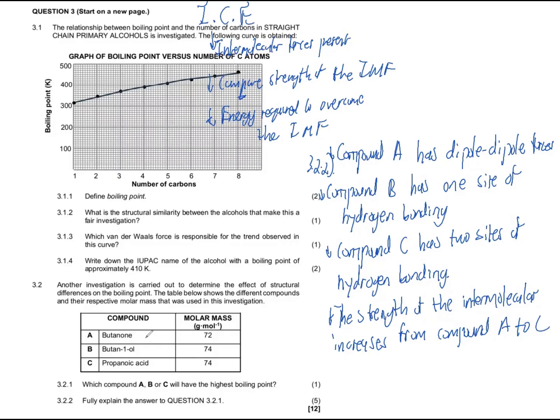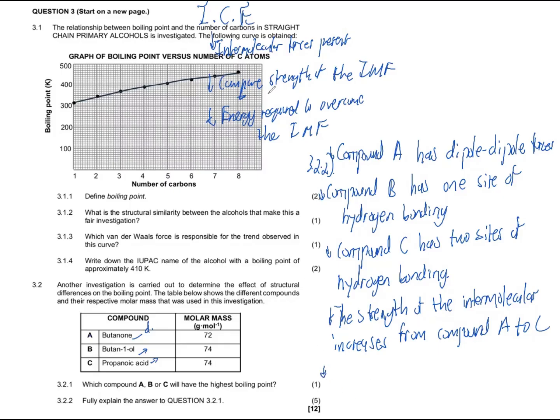So we are saying the strength of the intermolecular forces increases, right? From this being weaker, this being stronger than the one in A, but then C being stronger than the one in B and the one in A, right?